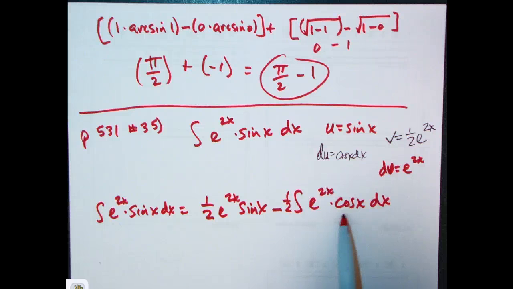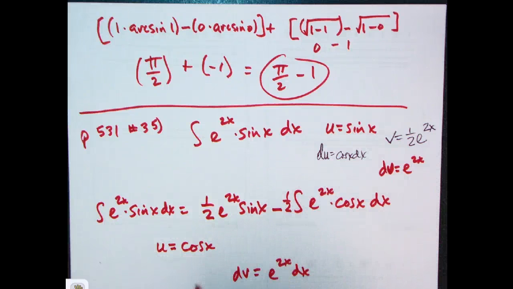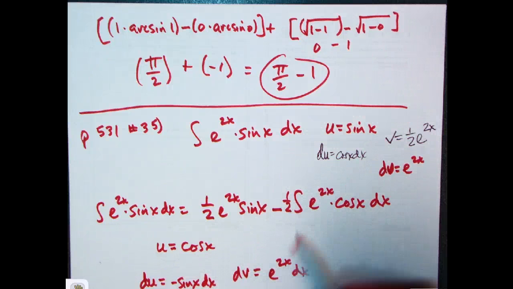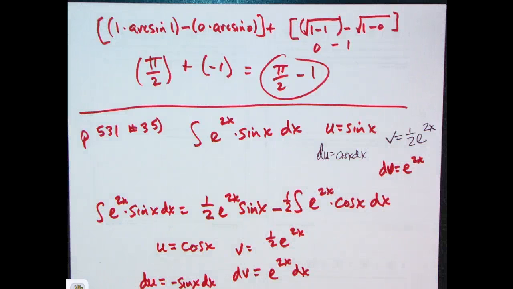Okay. So for this one, now just looking at this part right here, remembering that we still have this, but just focusing here. So now we're going to let u equal cosine x, dv is going to equal e to the 2x dx. So du, the derivative of cosine of x, is negative sine x dx, and v is going to equal 1/2 e to the 2x. Okay.